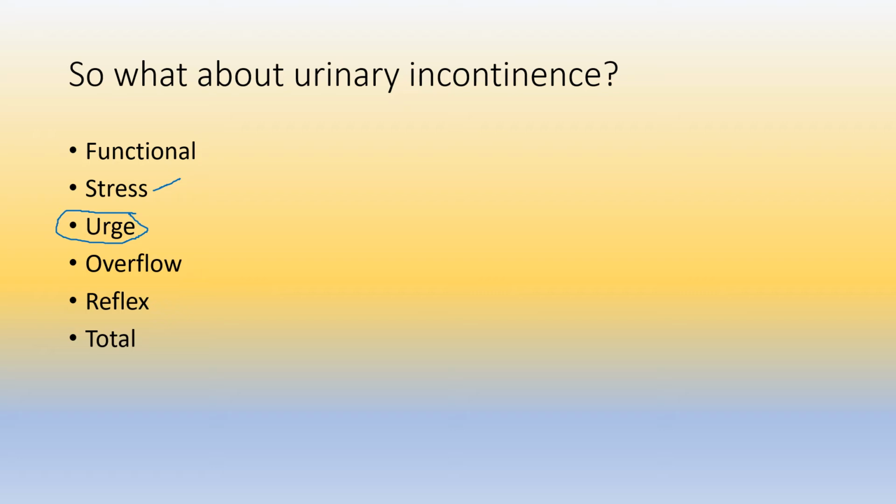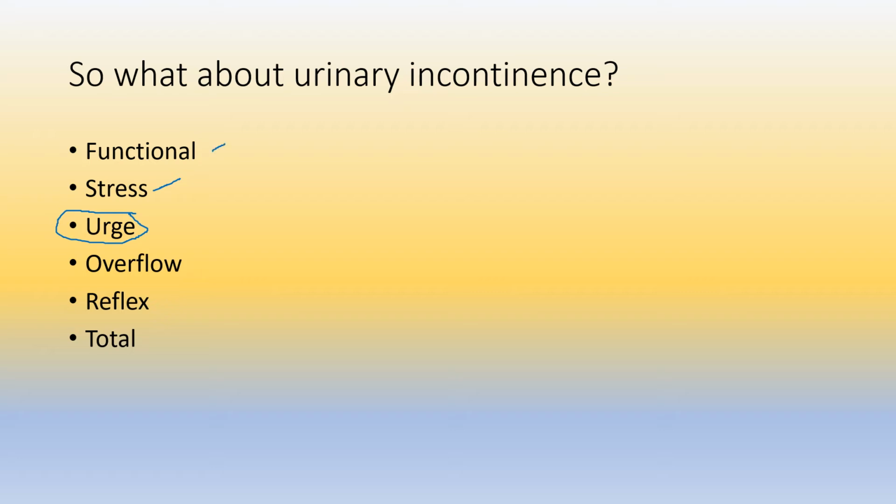Stress, we used to think that was mostly related to having babies. We now know that since a lot of nuns do get stress incontinence, it's probably actually related to the weight that's associated with having had babies, as opposed to the actual structural issues there.